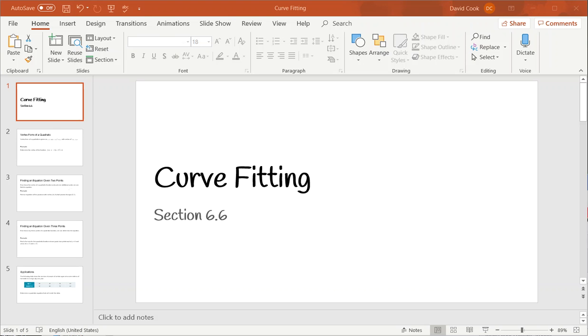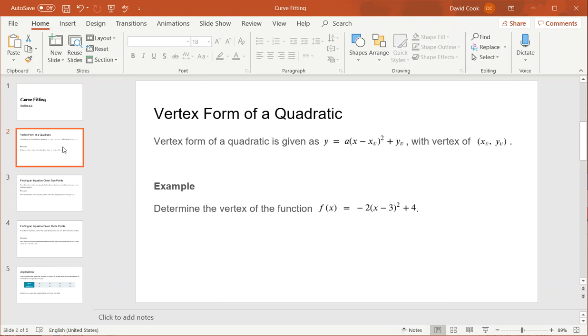Okay? So today we're going to talk about curve fitting. And the first thing we want to do is talk about the vertex form of a quadratic. On the screen, you see the vertex form for a quadratic equation. You'll notice that it has an a value, and then the coordinates of the vertex are right here.